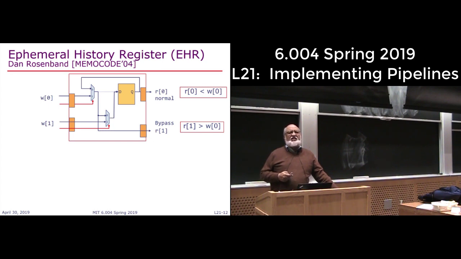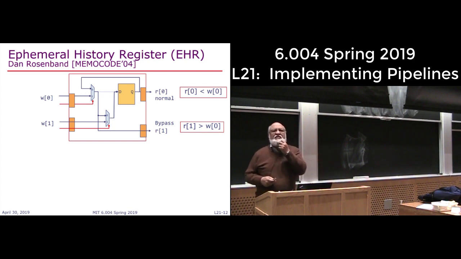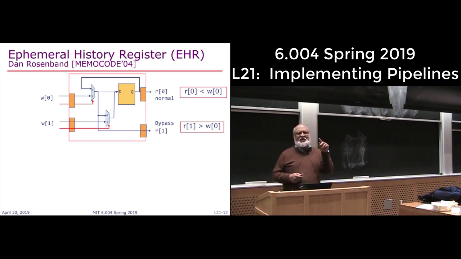If both the writes are false, yes? The original one? Yeah, good. And what will happen if write 0 is true but write 1 is false? And what about if write 1 is true and write 0 is false? Look at the diagram.